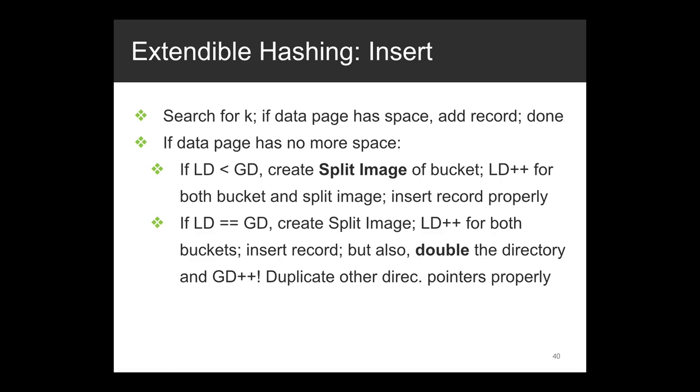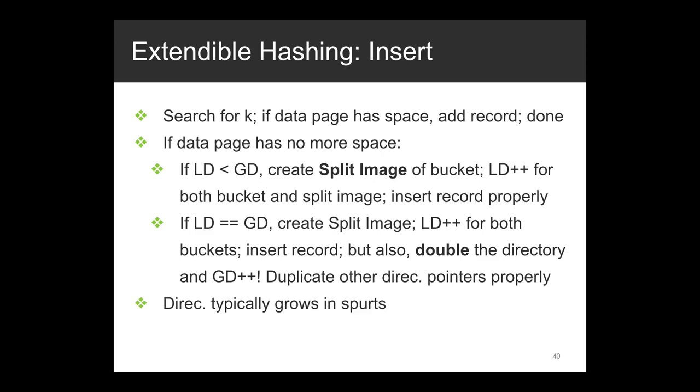If the local depth parameter is equal to the global depth parameter, after creating the split image page, you increment the local depth for both, but in this particular case, the directory doubles in size, and therefore the global depth increases by 1. In this case, you have to duplicate the other pointers in the directory, and basically they will occur twice in the directory.